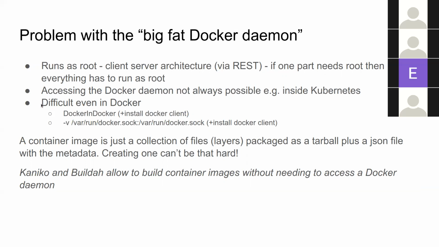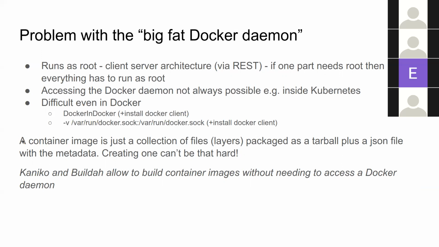But even using Docker with Docker is tricky. There are solutions like Docker in Docker, which means running a Docker daemon within the Docker container, and what I call Docker alongside Docker, where you mount the Docker socket into the container, so that you're actually accessing the Docker daemon on the host. So there are solutions to that, but they're ugly and they're not nice.